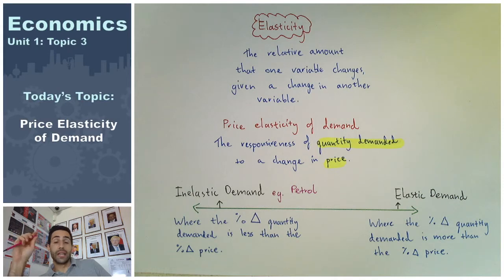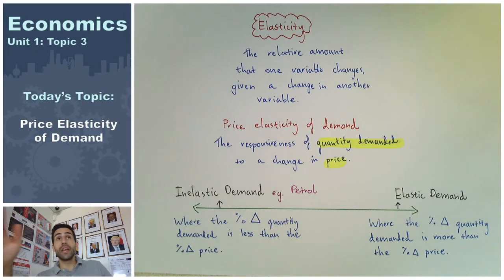Petrol is a need. It has lots of complementary goods that need petrol in order to run, like lawnmowers, cars, etc. It's a part of our daily life. It's a necessity. So therefore, even if the price of petrol were to skyrocket, we will still need to purchase petrol.